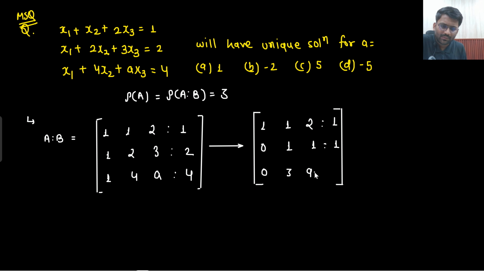Three A minus 2, 3. Okay, 1, 1, 2, 1, then 0, 1, 1, 1, then 0, 3, A minus 2, 3.